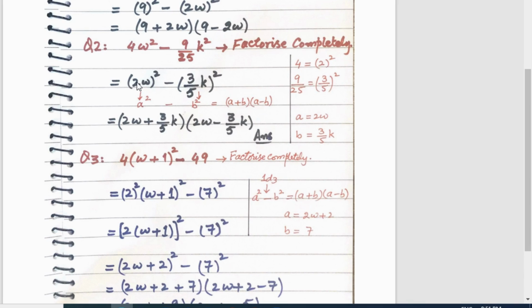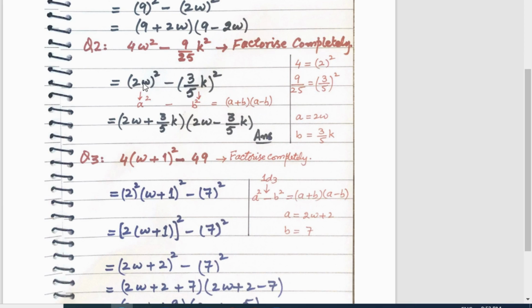Now our a is 2w. I have written it over here in red just for your convenience. Now our a is 2w and our b is 3 over 5, and both are squares with a minus sign in between. It means we have got the form of the difference of two squares.